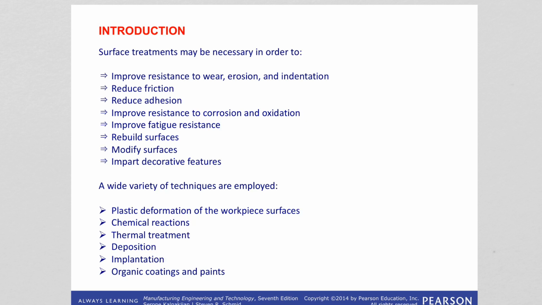We can also improve fatigue resistance of bearings and shafts with fillets, rebuild surfaces on worn tools, dies, molds, or machine components, and modify surfaces like their appearance, dimensional accuracy, frictional characteristics, or just impart decorative features like texture and color.